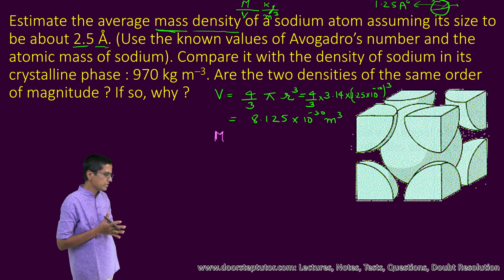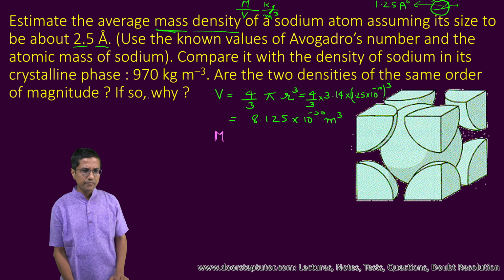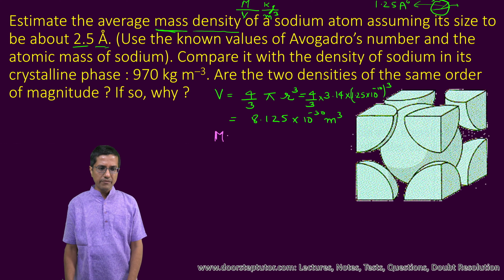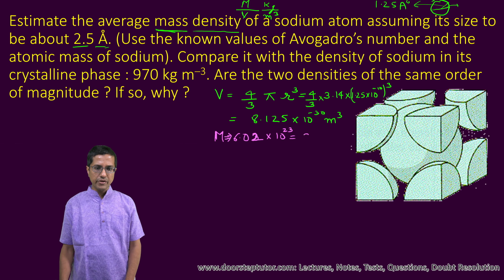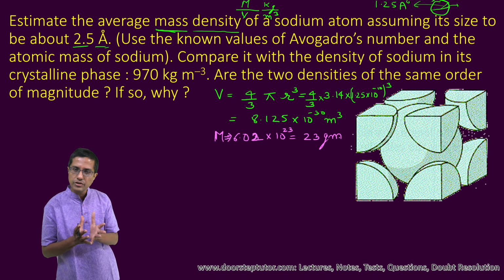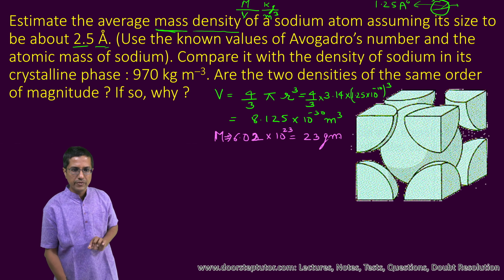We'll just ignore the electrons for a little while, and based on the mass number, we already know that 1 mole of this sodium atom, that is 6.02 into 10 to the power of 23 sodium atoms, actually weigh 23 grams. That is from Avogadro's hypothesis.